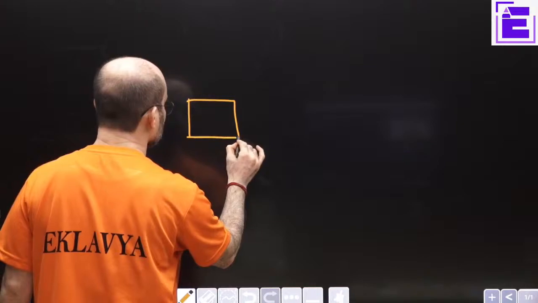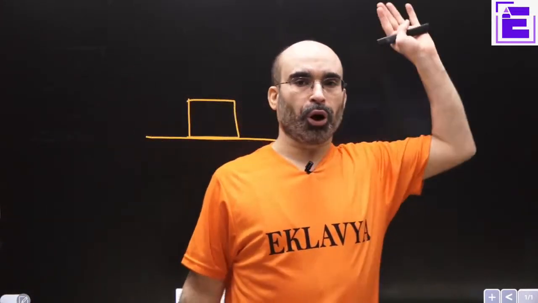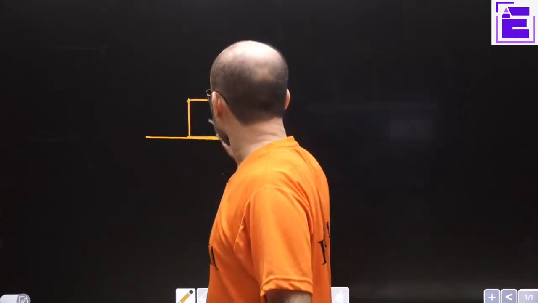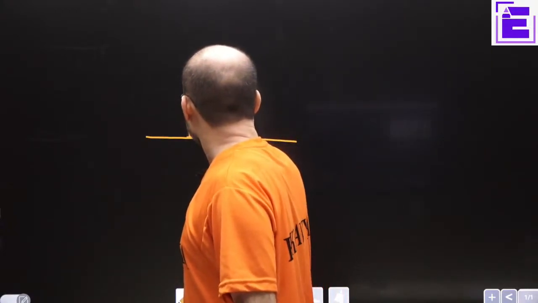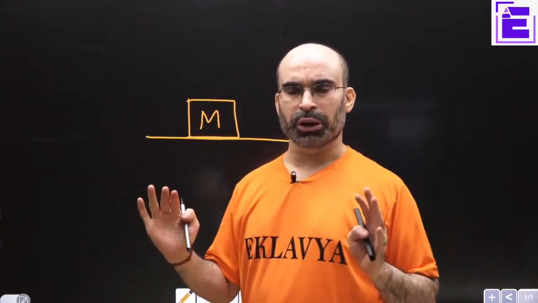If you have this block, and this is a big block with mass m, a heavy one.